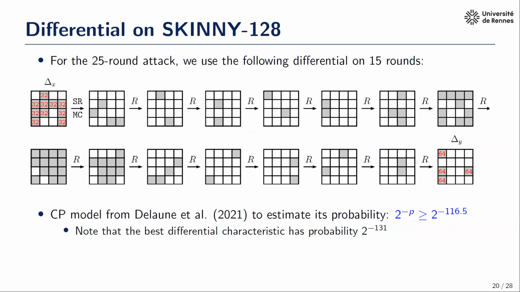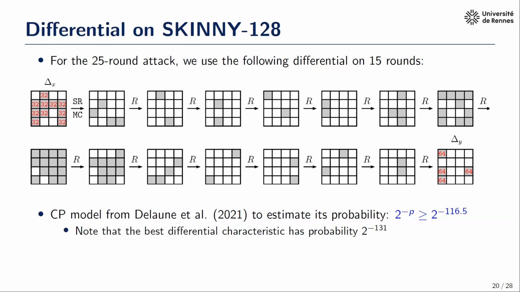First, we found a new differential over 15 rounds for Skinny-128, and you have the picture of the differential here. We used a modified version of a tool that I worked on with my co-authors, in a work published at ACNS in 2021.